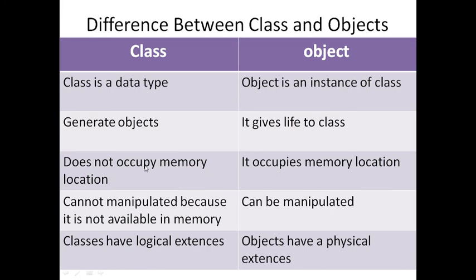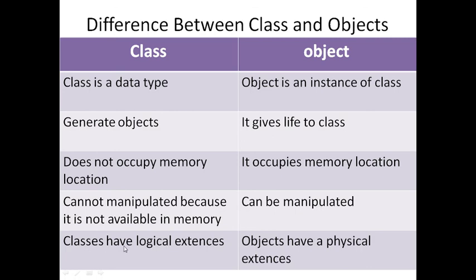Then class does not occupy a memory location, but object must occupy memory locations. Classes cannot be manipulated because they are not available in memory. We already know that an object occupies a memory location, so it can be manipulated.